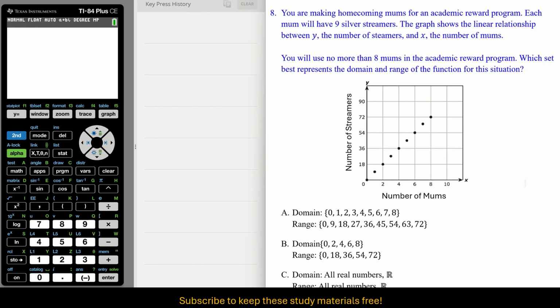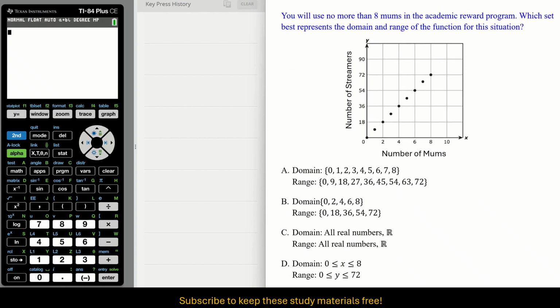Okay. Now, also for our options, because it's discrete, D is not an option. That implies continuous information. All real numbers, that implies continuous information. A and B are discrete.